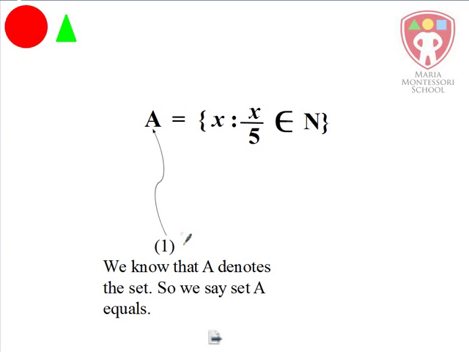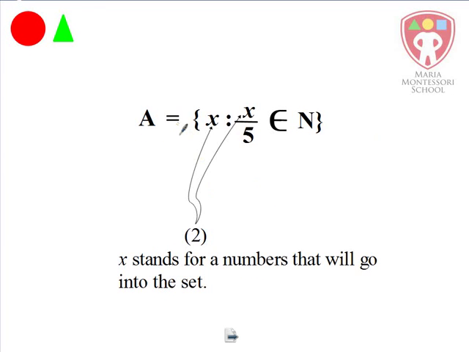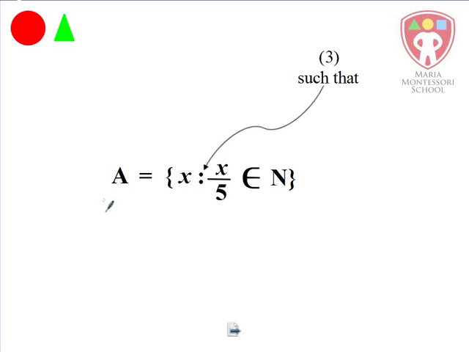Let's take our time and go over it again step by step. Pause the video at the end of each slide to give the pupils enough time to copy it down. So we know that A denotes the set, so we will say that set A equals x. X stands for a number, the numbers that will go into the set.